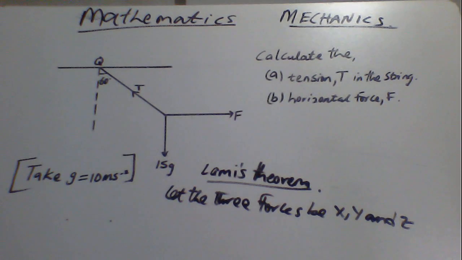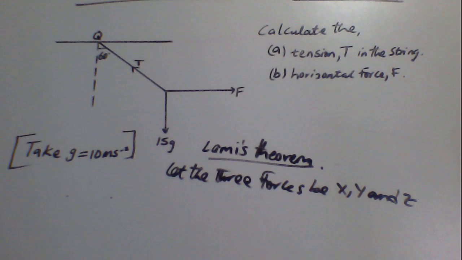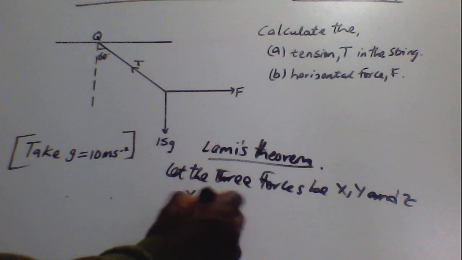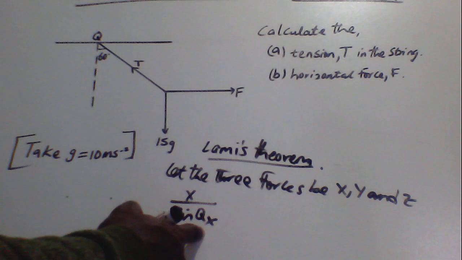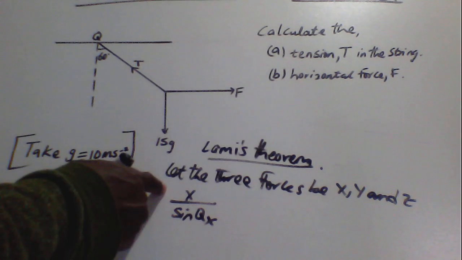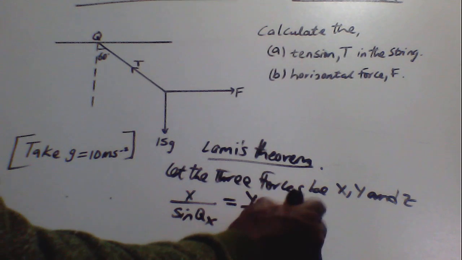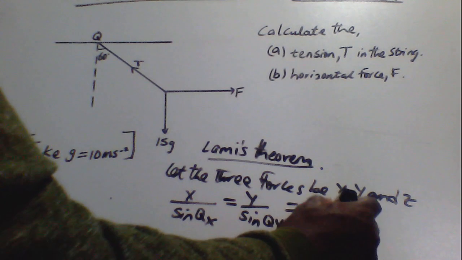So according to Lami's theorem, let me repeat it: when three forces acting at a point are in equilibrium, each force is proportional to the sine of the angle between the other forces. So in this case, we have X divided by sine theta x, where theta x is the angle facing X, opposite the force X, then Y divided by sine theta y, which is equal to Z divided by sine theta z.